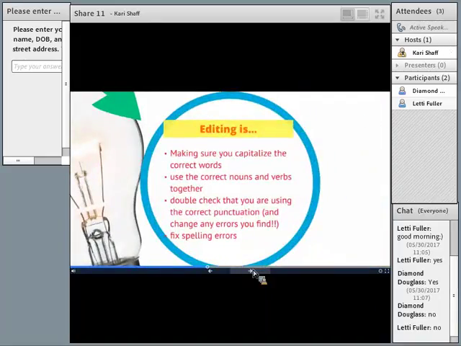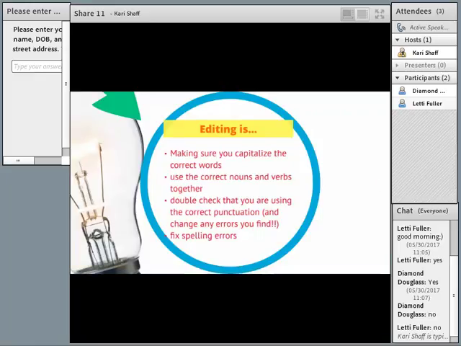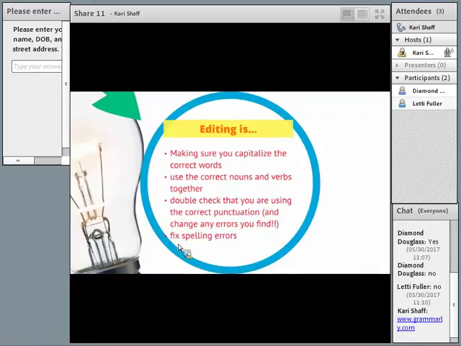Editing is about conventions and more. So making sure you capitalize the correct words, using the correct nouns and verbs, punctuation, spelling errors, etc. Again, I'd like to highly recommend the use of Grammarly.com. I think you'll really find that that's great. There are paid subscriptions that you can use, but you don't have to, by no means.